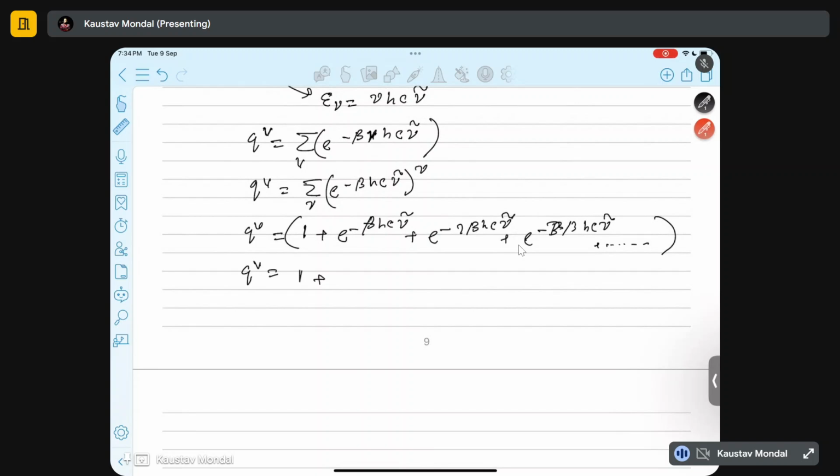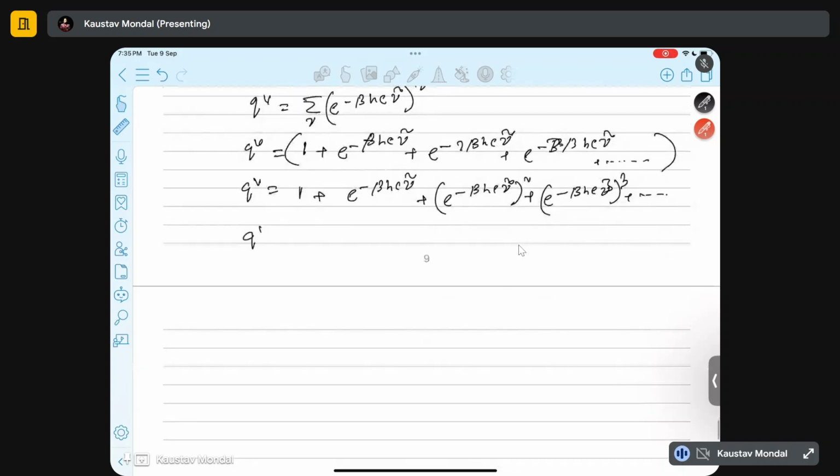you can convert this whole series into an infinite geometric series, right? Where the first term would be 1, plus e to the power minus beta HC nu tilde, plus e to the power minus beta HC nu tilde whole square, plus e to the power minus beta HC nu tilde whole cube, like that it goes on.